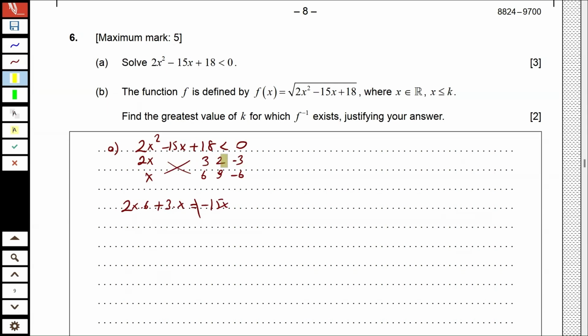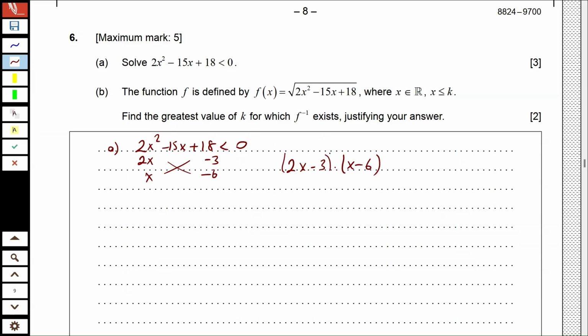But when you choose, for example, minus 3 and minus 6, you can see that 2x times minus 6 plus minus 3 times x equals minus 15x. We will just use minus 3 and minus 6. The factors of this quadratic are 2x minus 3 times x minus 6.